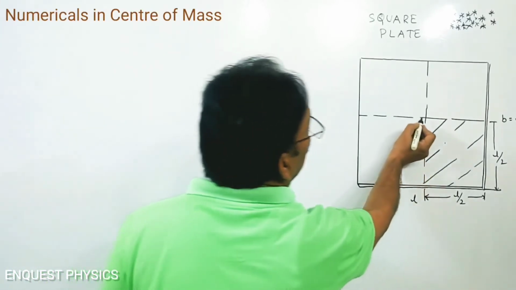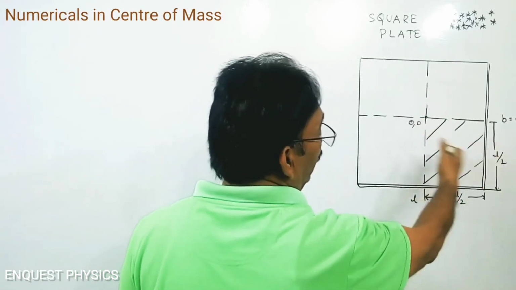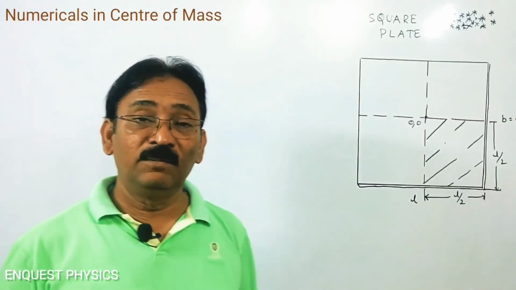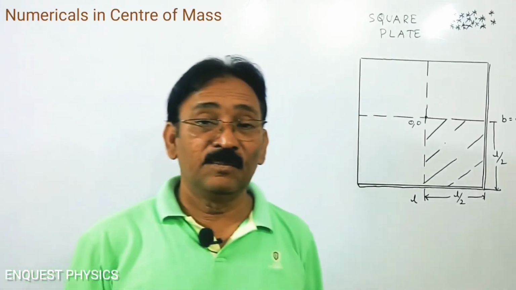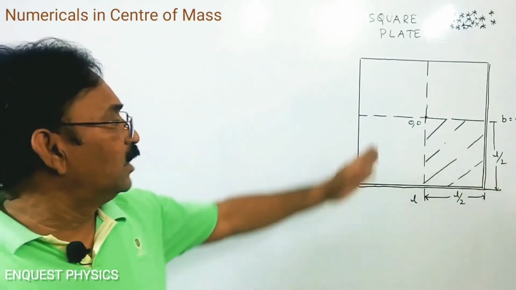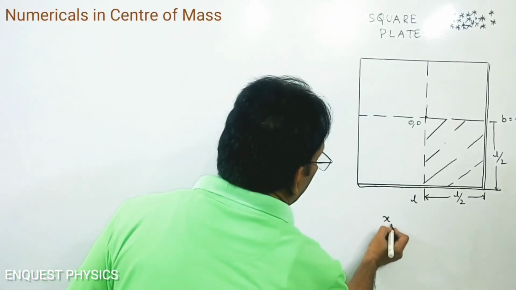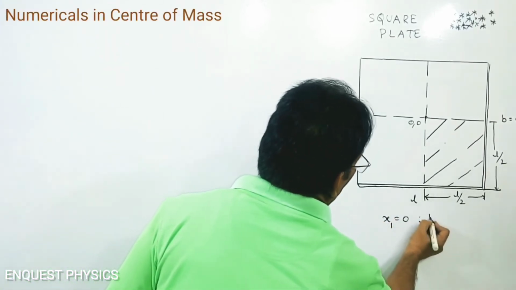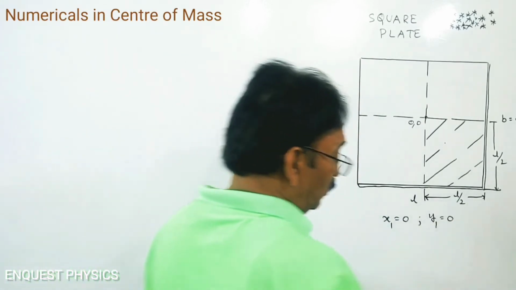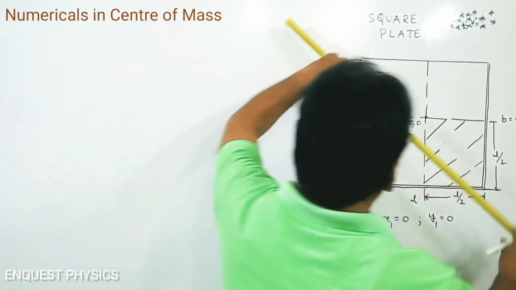First we have to locate the center of mass. Obviously, before removing, the geometrical center is the center of mass. As you know, for regular shaped bodies, the center of mass is the geometrical center only. That's why we took the coordinates as x1 equal to 0 and y1 equal to 0. Okay, students, then we remove the portion from this one, then how?